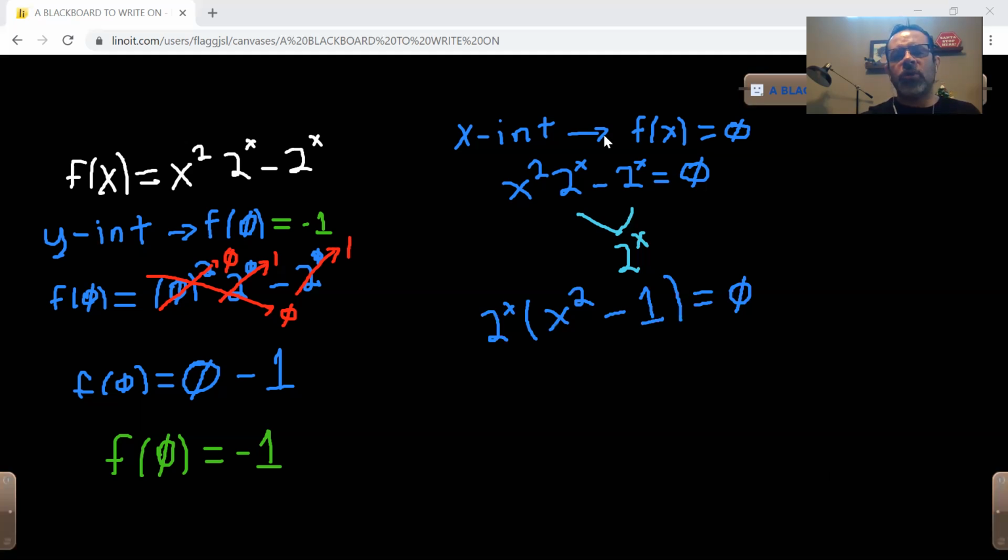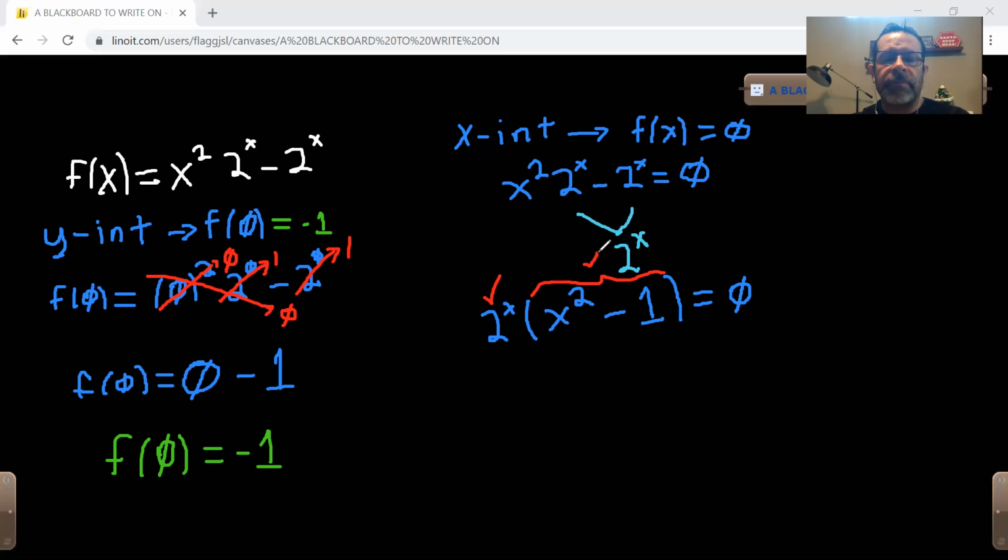And so this factor here is important for solving this equation. Well, first of all, remember that we're trying to find the values that make the function equal to 0. Well, there's two factors here. There's this factor, and then there's this factor here.